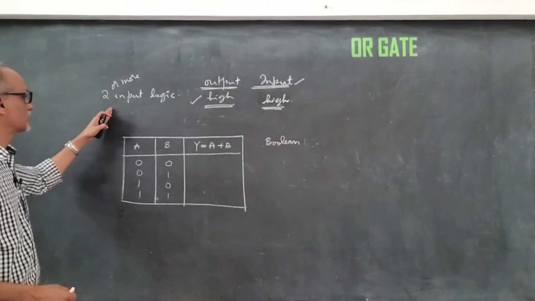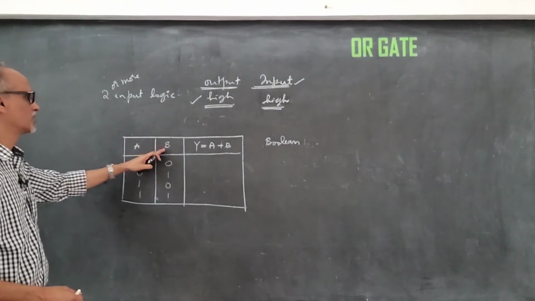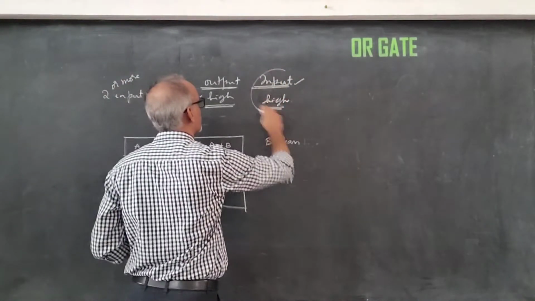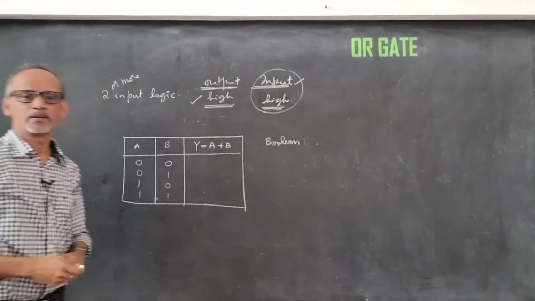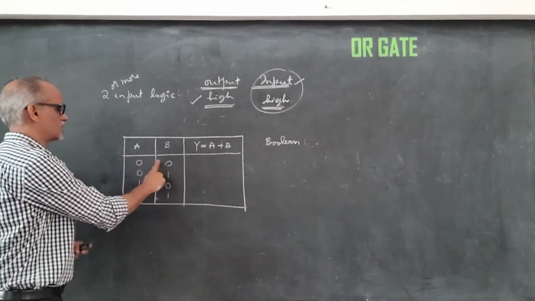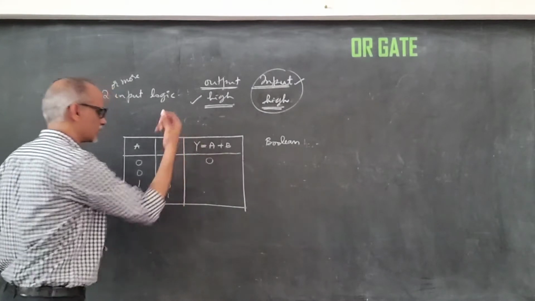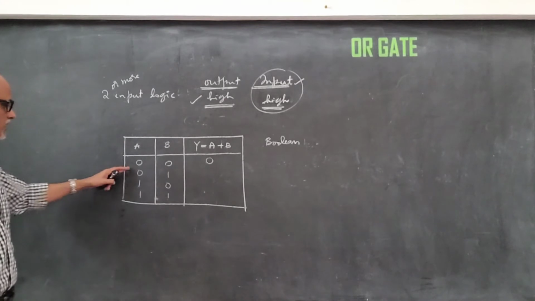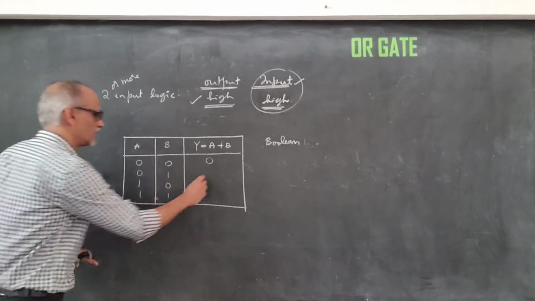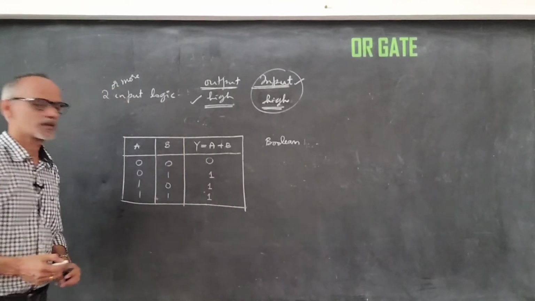According to the definition, an OR gate is a 2 or more input logic gate whose output is high when any one of the inputs is high. Here both the inputs are low, so the output has to be low. In all the other 3 cases you can see at least one of the inputs is high, so the output is high.